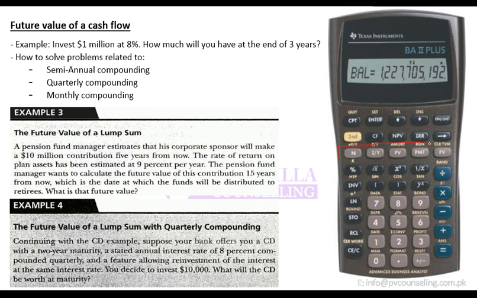This specific line of buttons or row of buttons is for time value of money. And even in Excel, for those who have been into financial modeling, or who have used Excel at work or in studies, would know that these same time value of money variables are also used in Excel.